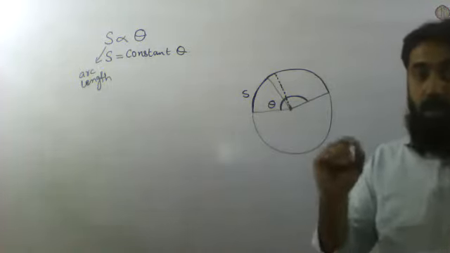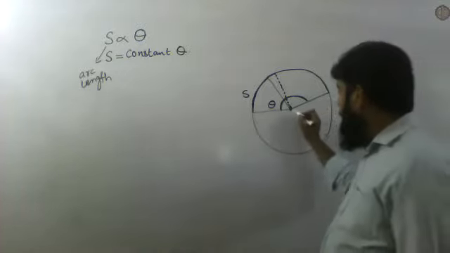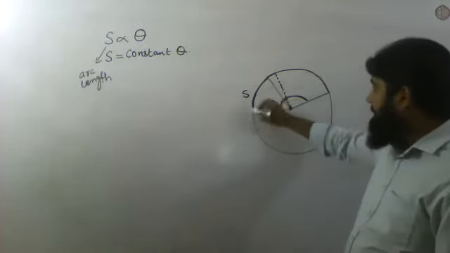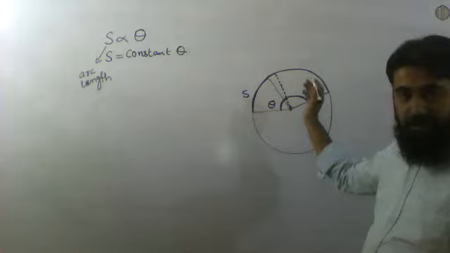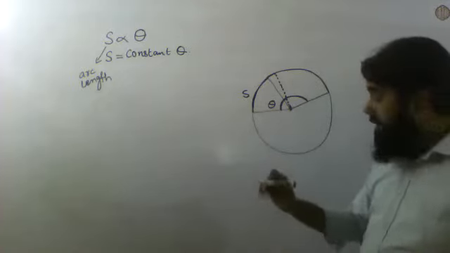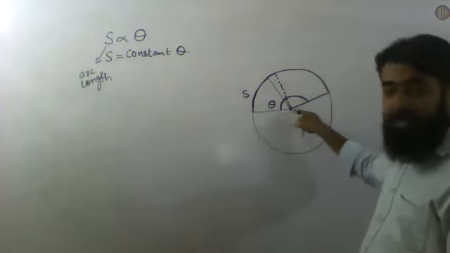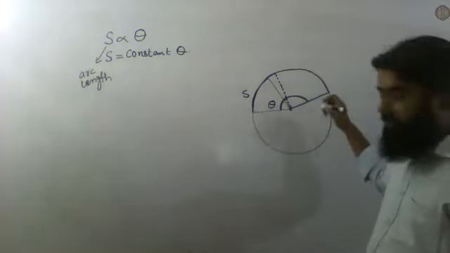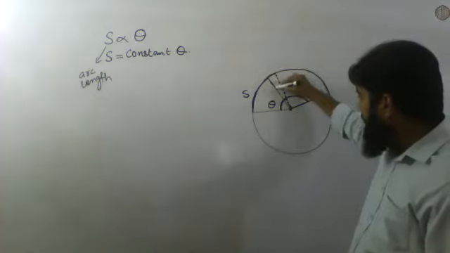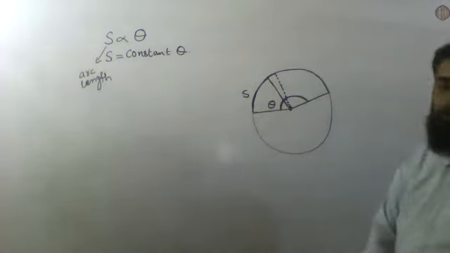So, what is the value over here which is not changing? If S is increasing, theta is increasing. If S is decreasing, theta is decreasing. But in all the scenarios, your radius, the distance from the center to the circumference, is not changing and remains the same.